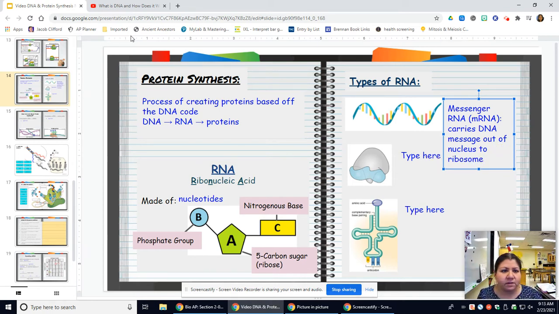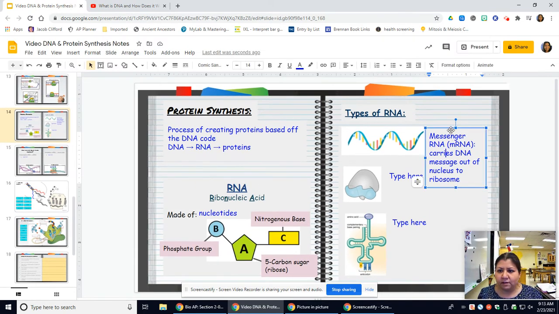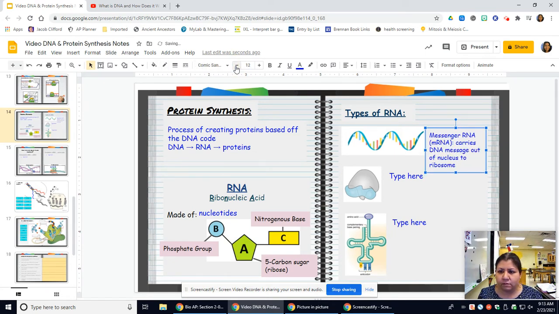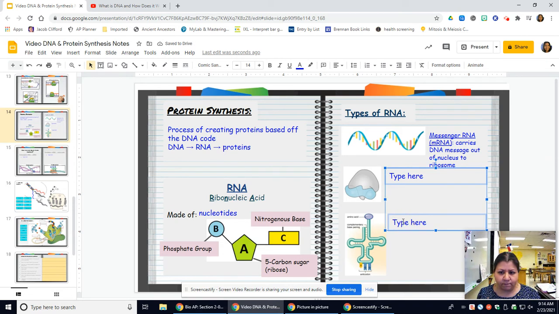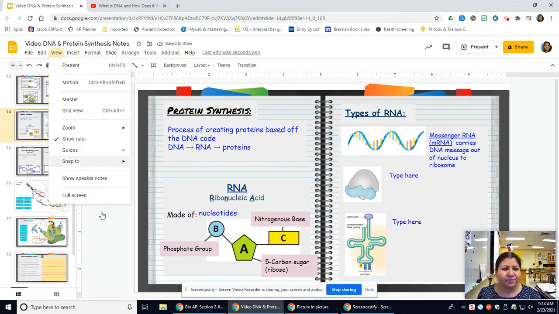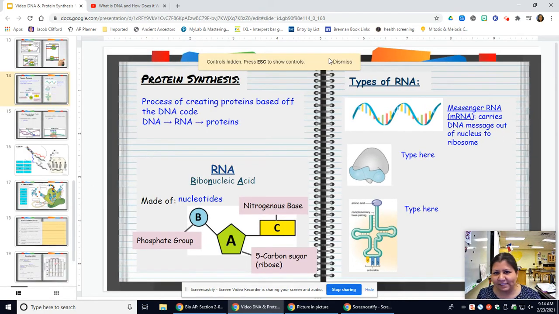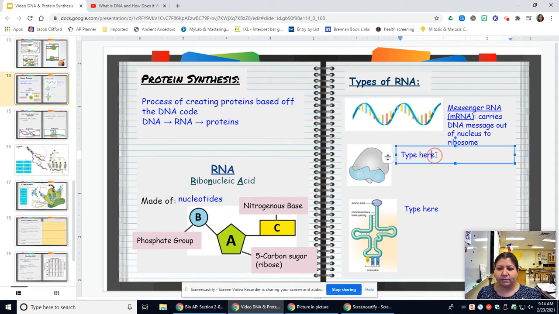I should have made my font smaller. I'm going to make that font smaller and underline this right here. Technical difficulties. All right, so that's messenger RNA. It's going to carry that DNA message out to the ribosome, and we'll talk about how it does that in a second.